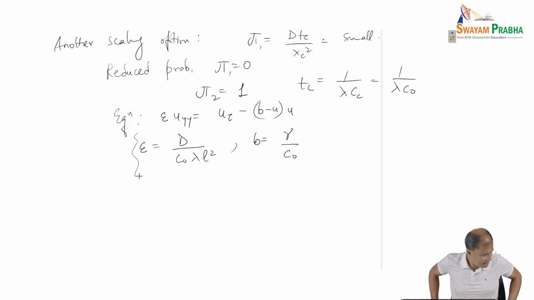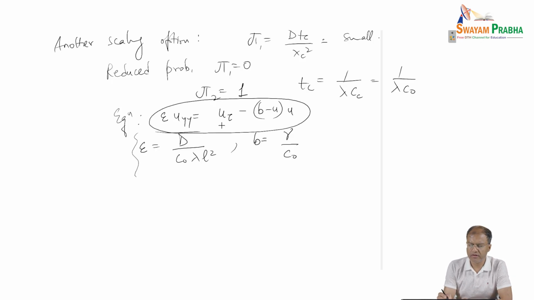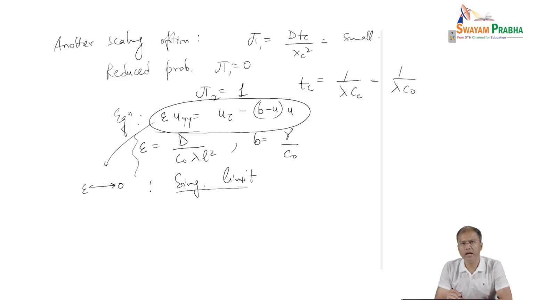And again, we have come to a point where this new model is a singularly perturbed problem, where if epsilon goes to 0, we are talking about the singular limit, right? So again, we have to solve this new model in another way, which we will see in a few modules from now.